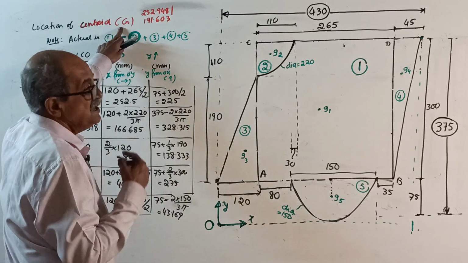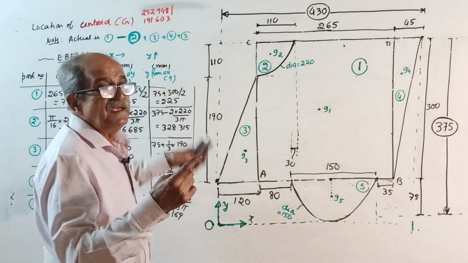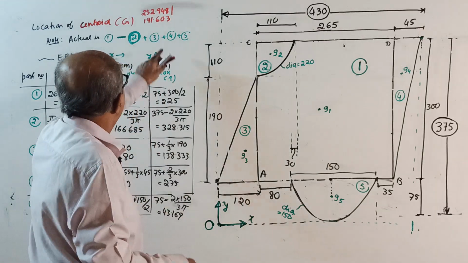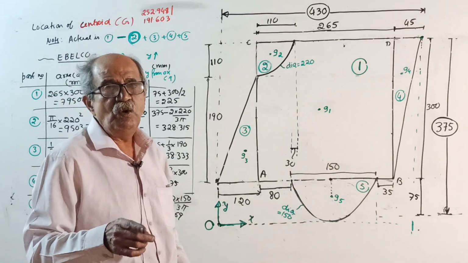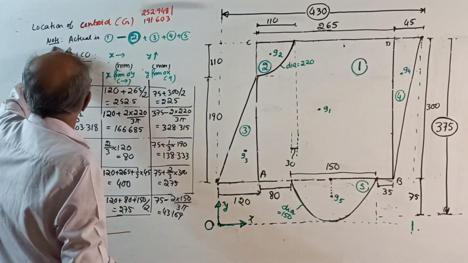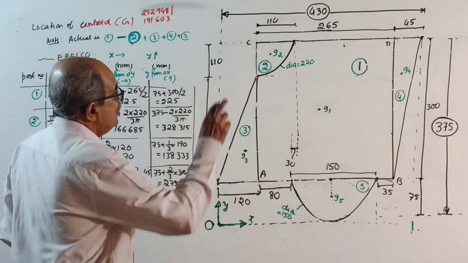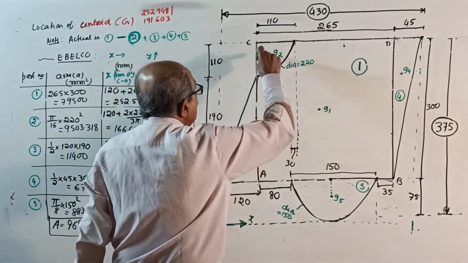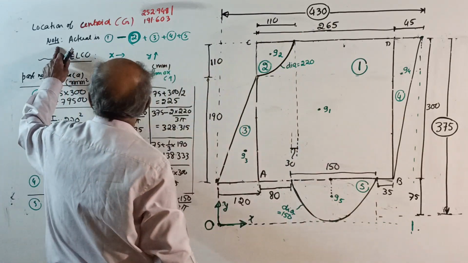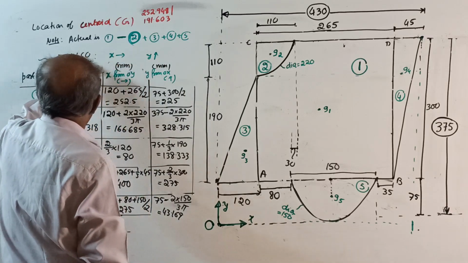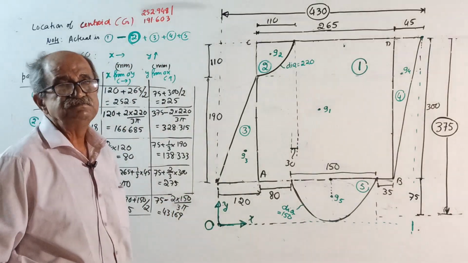Now start. Location of centroid G. Don't see this number, I calculated it. Don't see any extra number if I wrote. Note, actual is 1 minus 2 plus 3 plus 4 plus 5. Now, whatever I dictate, you have to write.